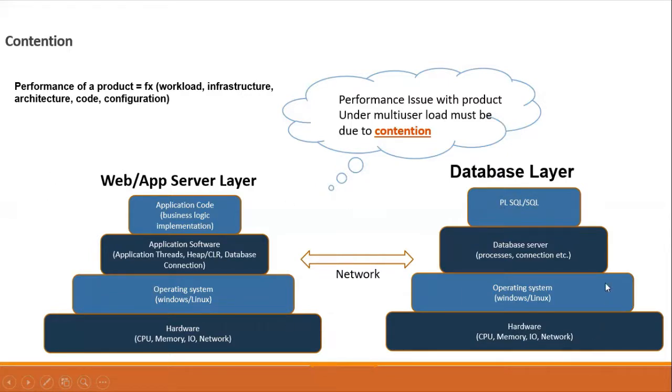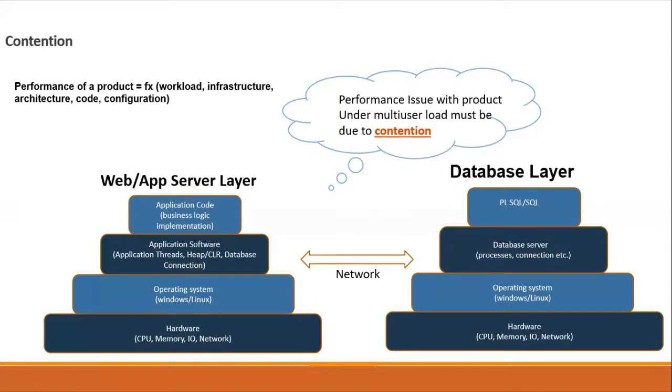When something goes wrong when multiple users are trying to access the application, it is good to check these parameters. By the way, there is no hard and fast rule that you have to check all these parameters. It depends on the overall experience and experience with that particular application.